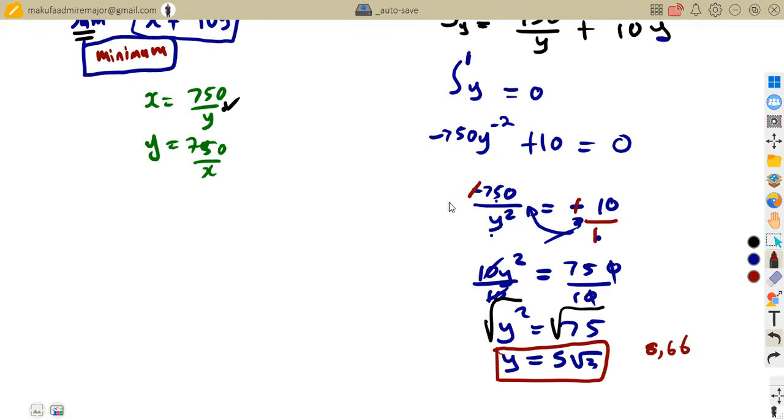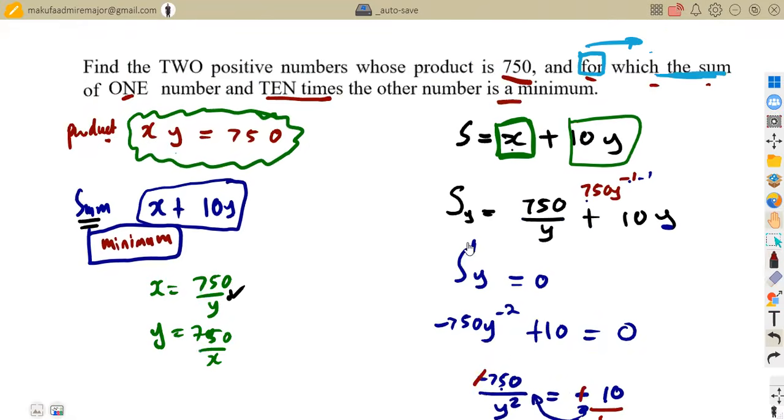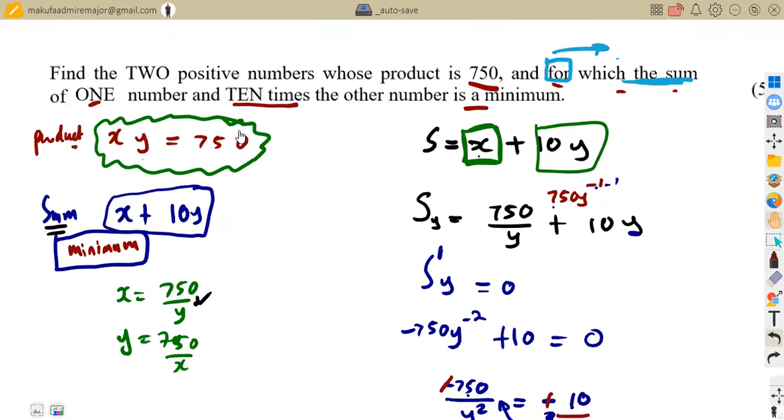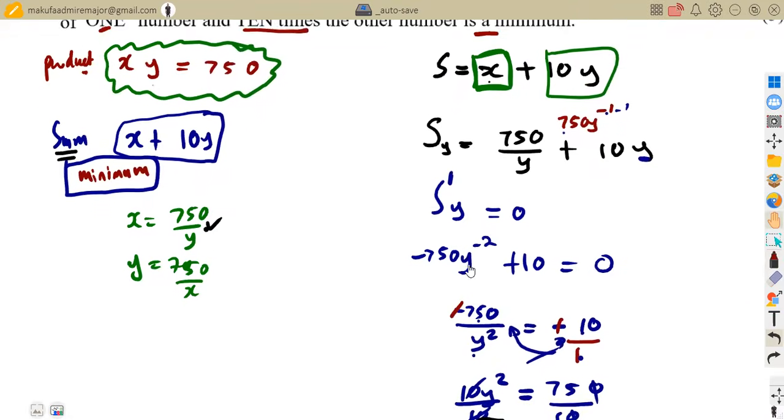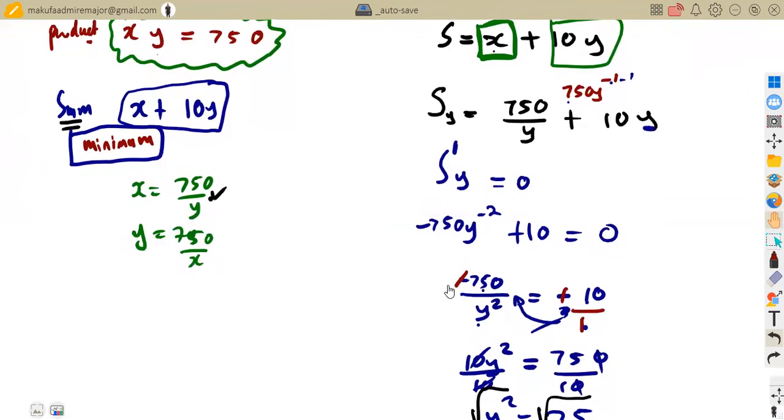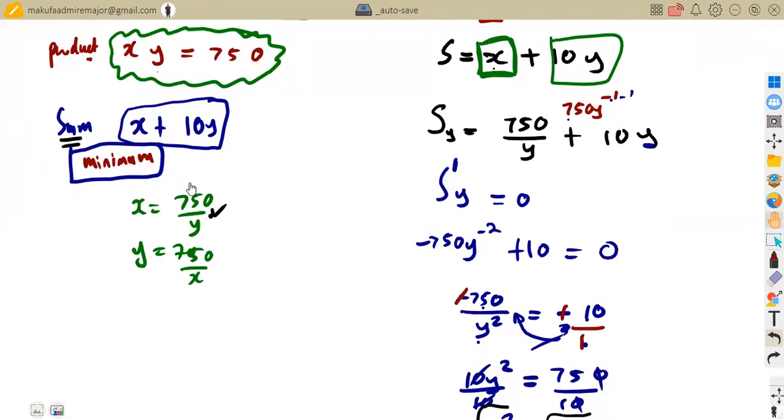To find the value of x, where are we going to have our x? The question here is not for us to determine the minimum value. No, we need the two numbers that will make this minimum. Already, if we check here, we've got an expression for x. x is equal to 750 over y. From this one, we made x. So we are simply going to make a substitution: where there is y, we substitute our y.